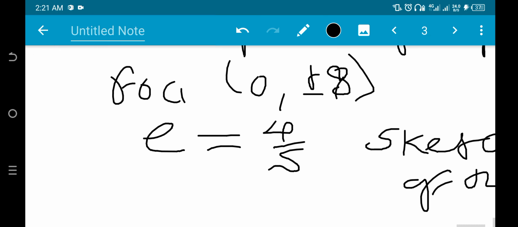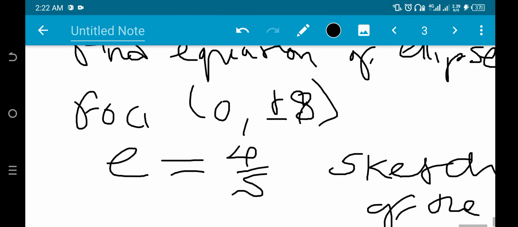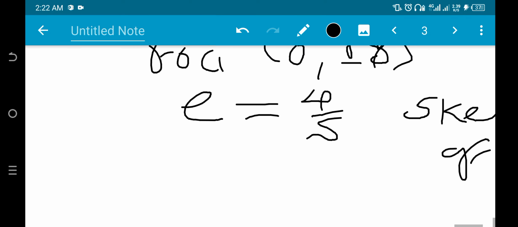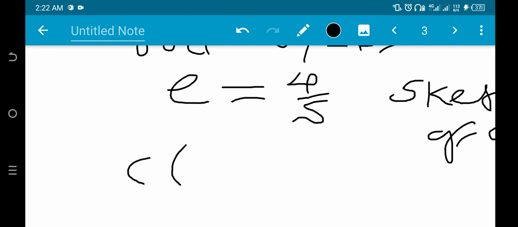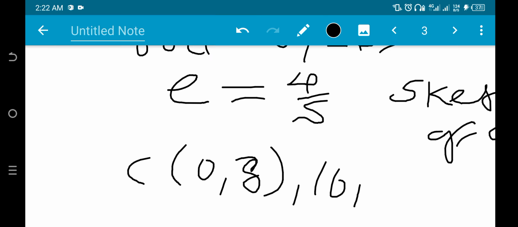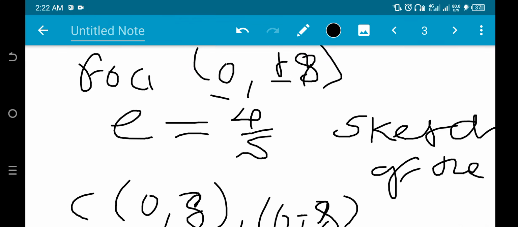So now you can ask yourself, for me, I like understanding these things. What is the focus? The focus is c. So the coordinates for c are (0, 8) and (0, -8). This is what it means here.